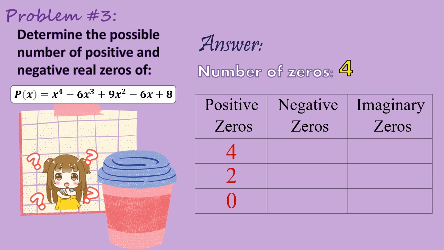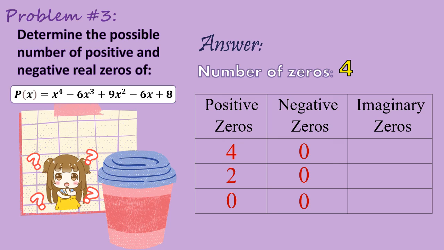Since the maximum number of positive zeros is 4 already, what would be the maximum negative zeros? The number of negative zeros will be 0. And follows with, of course, 0, 0. And for imaginary zeros, again, I would like you to use your common sense only. For imaginary zeros, you don't need to count the number of variations of signs.